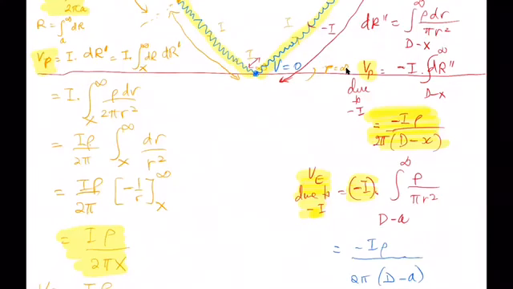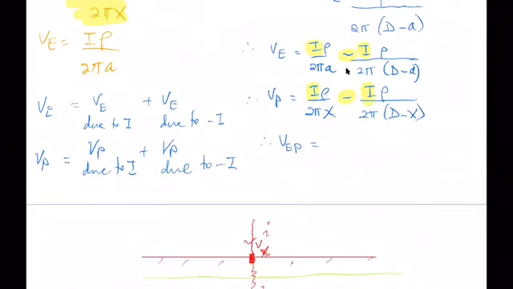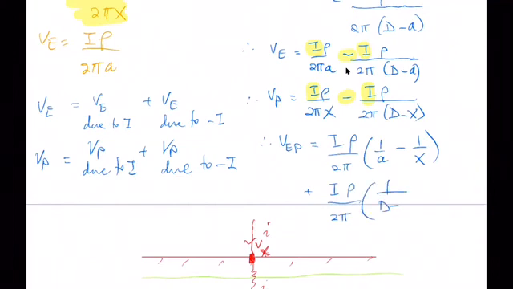So for VE minus VP, you just take the subtraction of the terms, and you will end up with this formula: I rho over 2 pi, 1 over A minus 1 over X, plus I rho over 2 pi, 1 over D minus X minus 1 over D minus A. Agree?